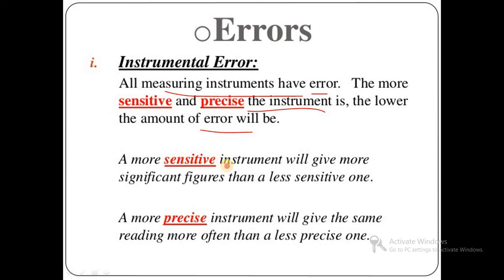A more sensitive instrument will give more significant figures than a less sensitive one. A more precise instrument will give the same reading more often than a less precise one. So the more precise the instrument, the more accurately we get results several times.